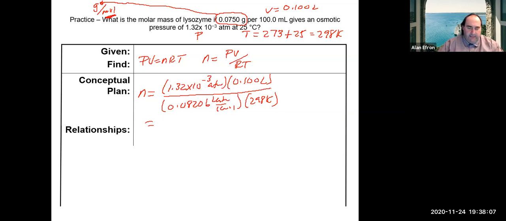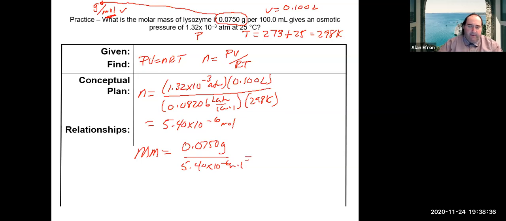And looks like we end up with, we'll call it 5.4 times 10 to the minus 6 moles. And that would be the bottom part. So this one's good to go here. So we'll go molar mass. It's going to be our 0.075 grams divided by our moles.